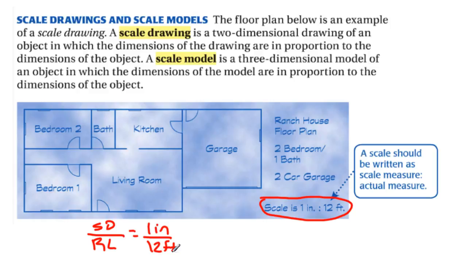So let's say if I lived in this house and I wanted to find out how big this garage is. If I measured this thing right here, and let's say this was 4 inches on the scale drawing, how long is the real life part? Well, I can find out. I just cross multiply and solve for x.